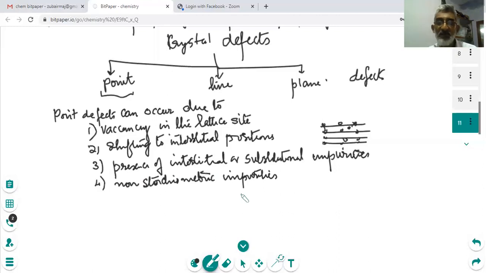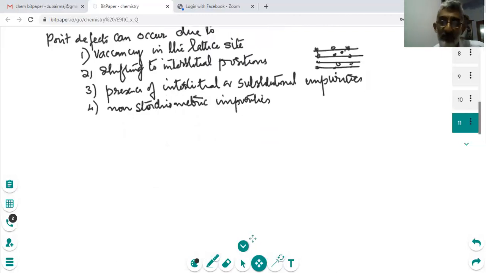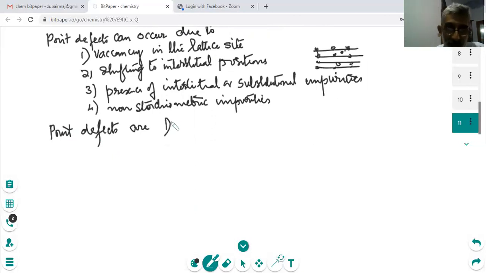So let us see one by one the different types of crystal defects. Now, we have two types of point defects. You can classify the point defects as stoichiometric and non-stoichiometric.